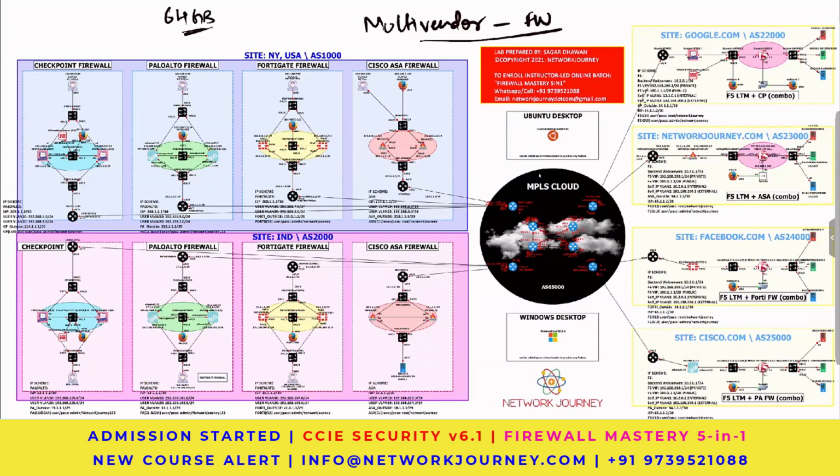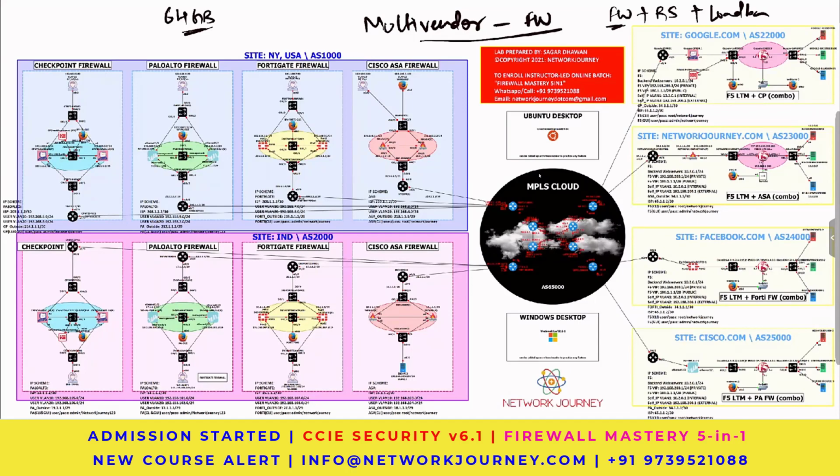You cannot just run it in a home lab. You need a dedicated server for this to run. The main intention of this design was that we will see firewall concepts, a bit of routing and switching concepts, and we can also have a load balancer concept introduced into this.